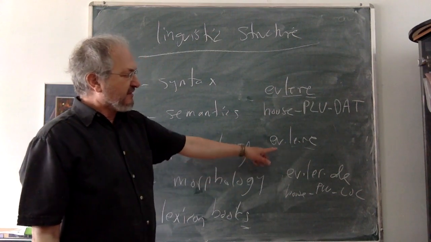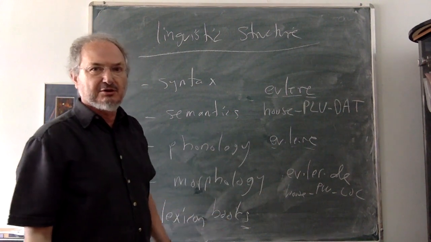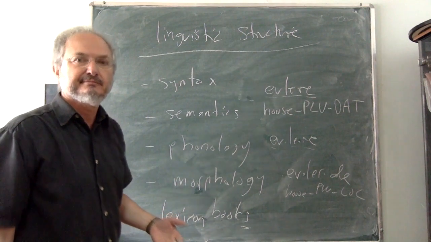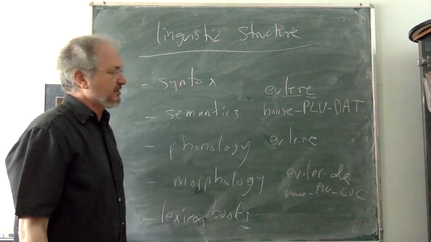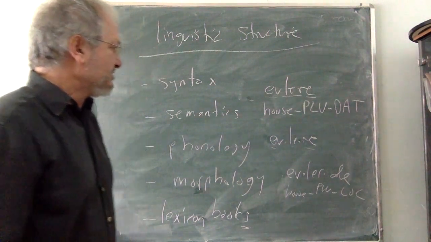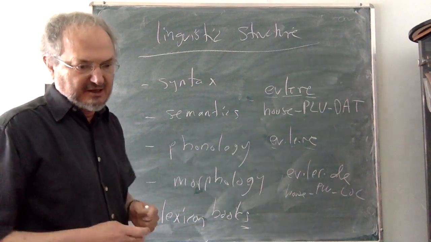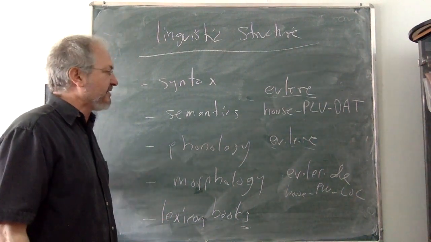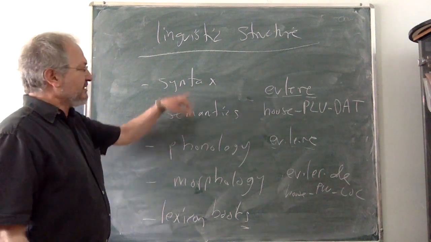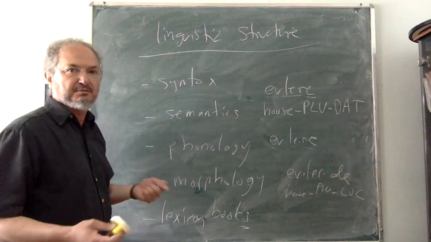But the fact that you can do this shows that your phonological knowledge and your morphological knowledge are distinct in your mind anyway. Okay? So this is the critical thing about structure. It's got multiple dimensions, multiple modalities, and we need to study them at various levels, because it comes to us at various levels.